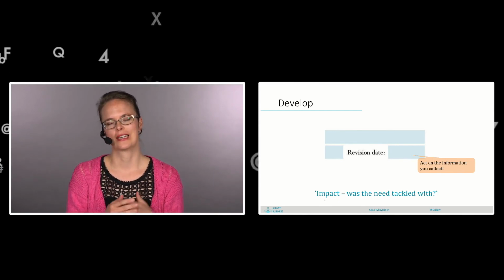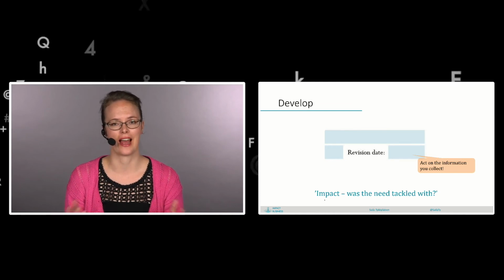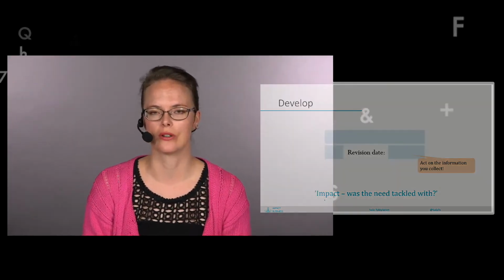You should keep revising the canvas, revising the model, revising the indicators all the time. So making decisions, developing your activities, maximizing your social impact. So it's not a one-time goal, it's a cyclical process.